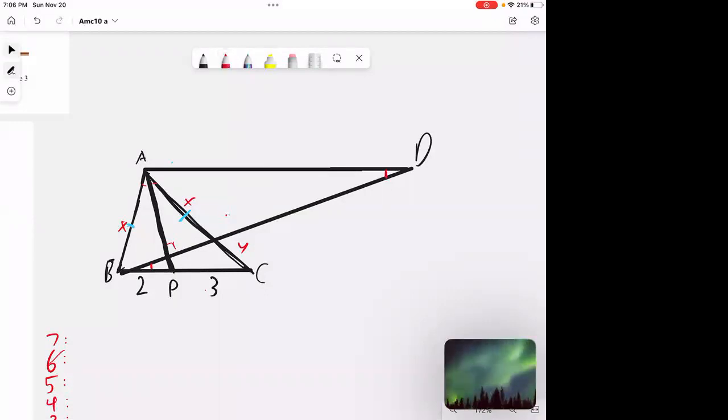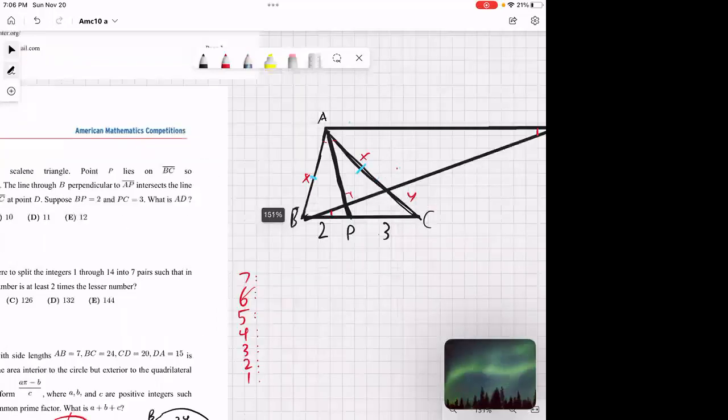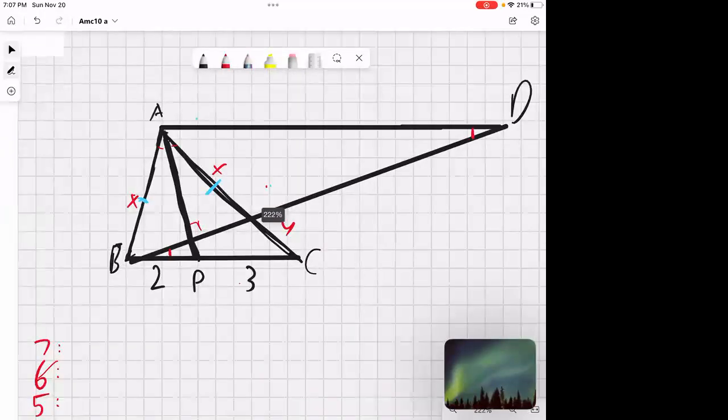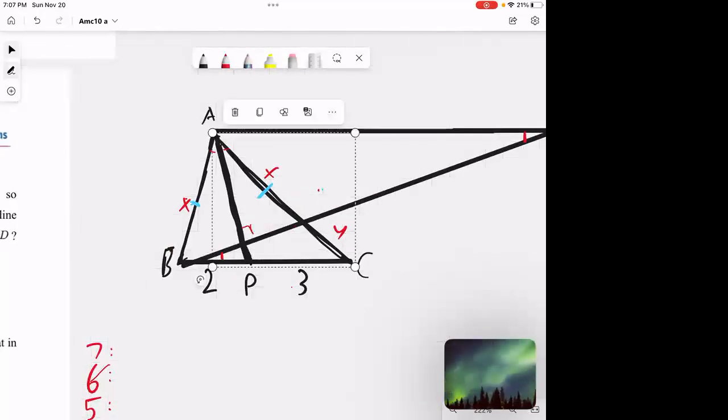So we have that we're looking for AD. We know that this line is the angle bisector, and it's also the perpendicular bisector. These are both 90 degrees, these are both the same angle, so this one's also the same angle, and this is also the same line.